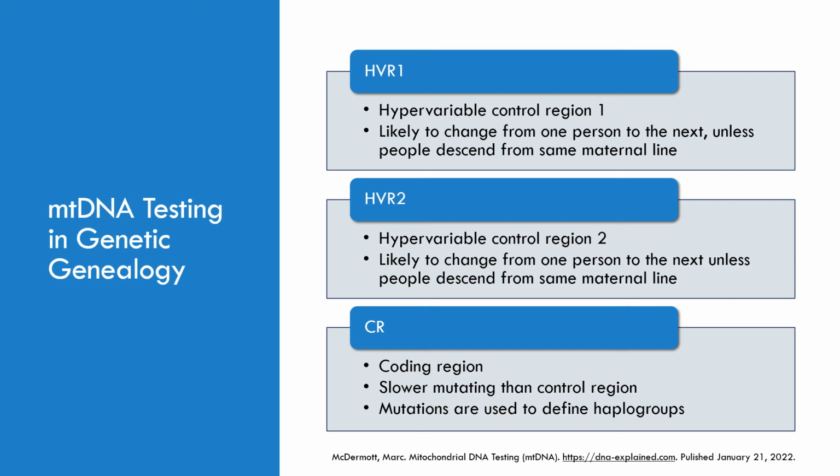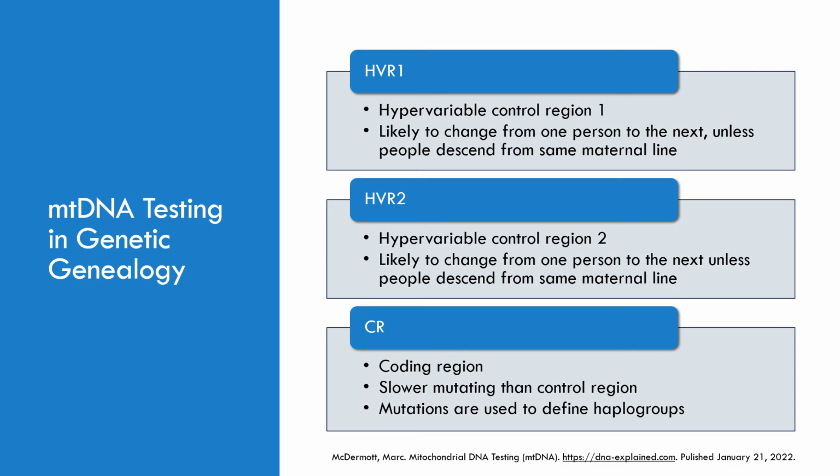The hypervariable regions are likely to change from one person to the next unless people are descendants from the same maternal line. On the other hand, the coding region is slower in mutating than the control region, and mutations can be used to define haplogroups.